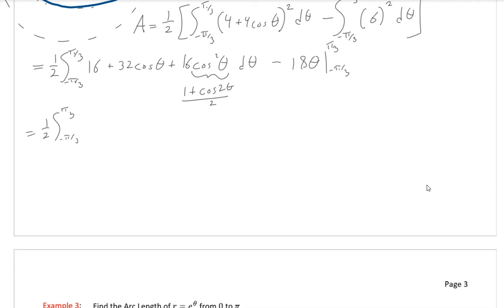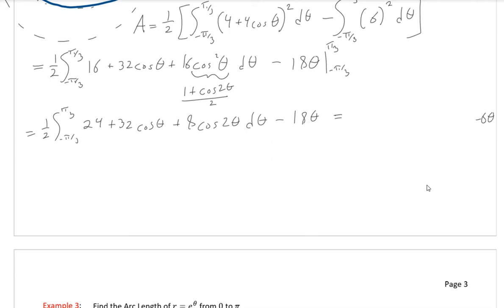This will give us 16 times 1/2 is 8, plus this 16 will give us overall 24, plus 32 cosine theta, plus 16 times 1/2 of cosine, so that's plus 8 cosine 2 theta, minus 18 theta. So overall, 24 theta times 1/2 is 12, minus this 18 theta will give us a negative 6 theta.